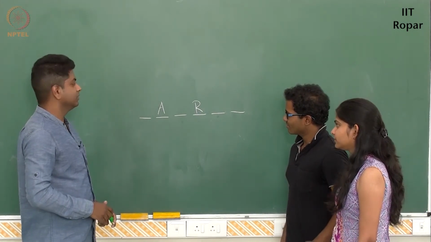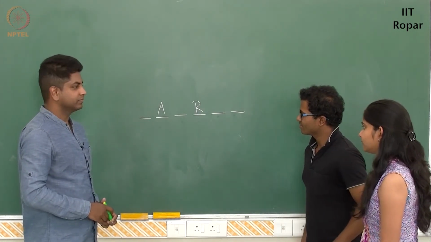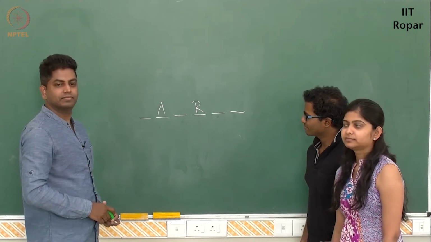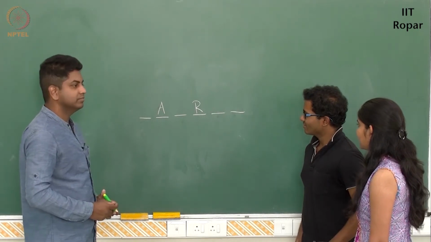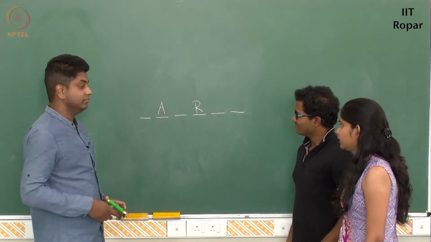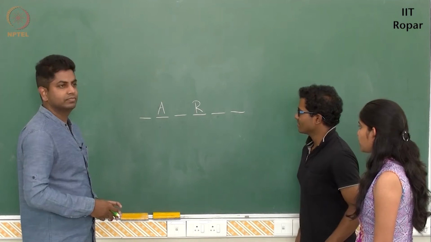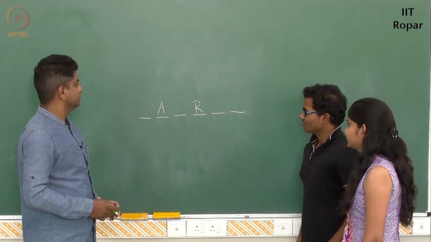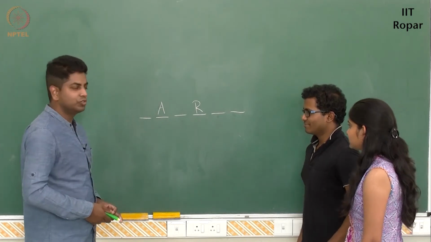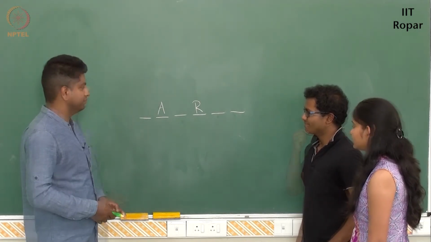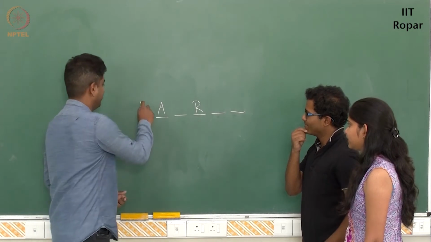O. O isn't there. U. U isn't there. Aggressively you should guess. Probably use. D. No. M. M? Perfect.